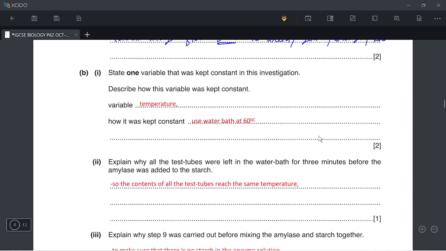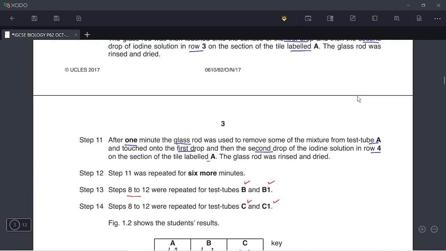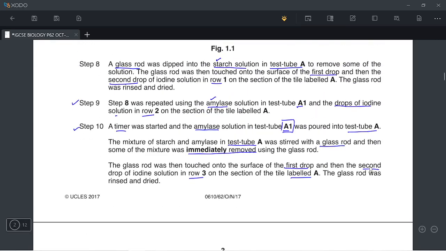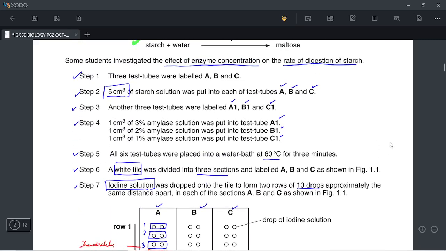Now B1, state one variable that was kept constant in this investigation. So you can see the temperature. Temperature throughout it was kept constant. It was 60 degrees, you can see the water bath was kept at 60 degrees. It is constant throughout.